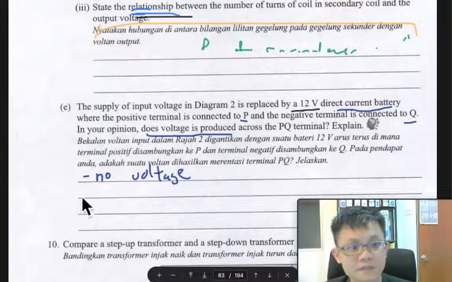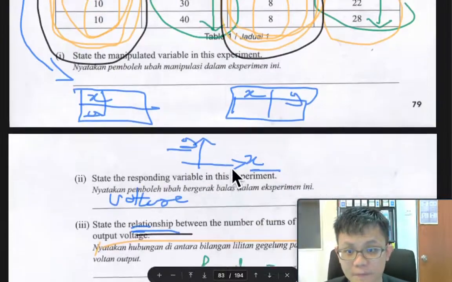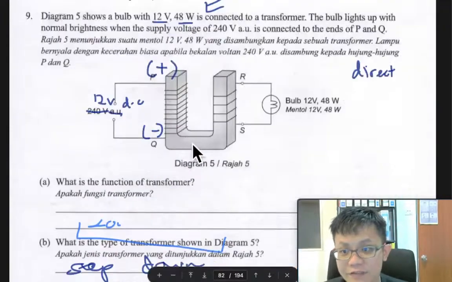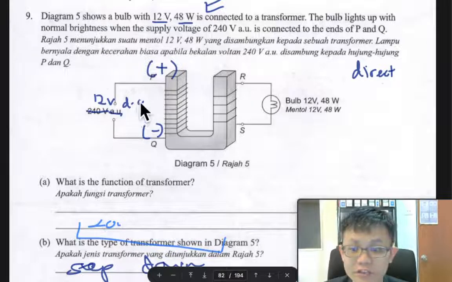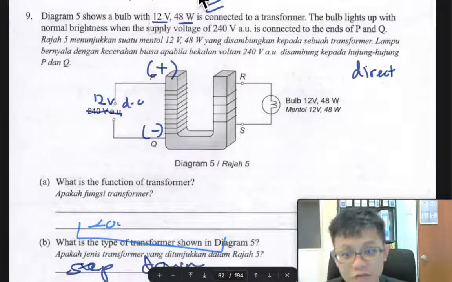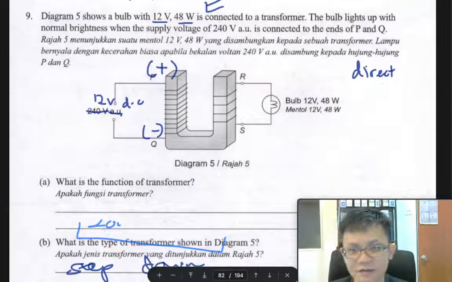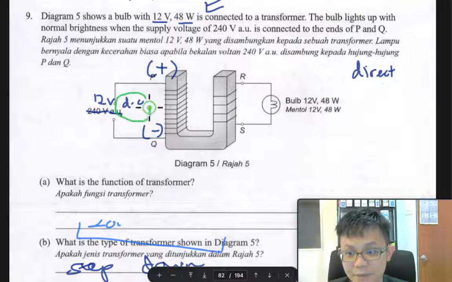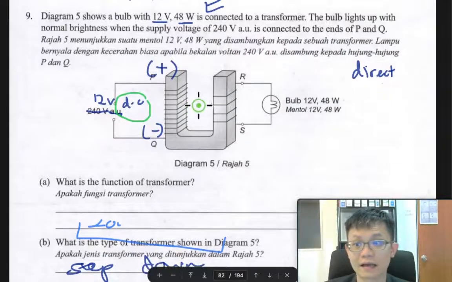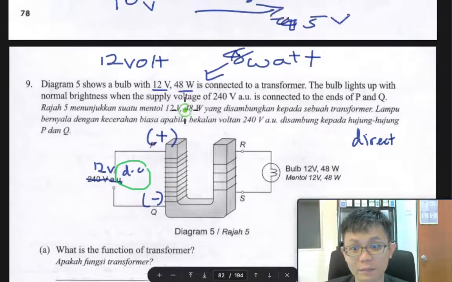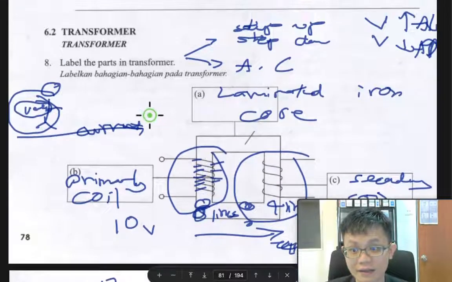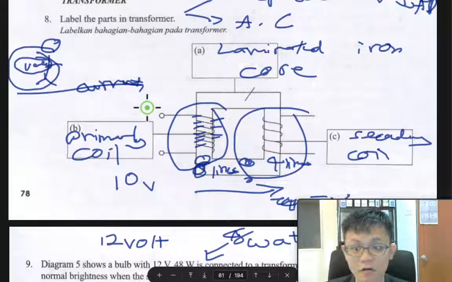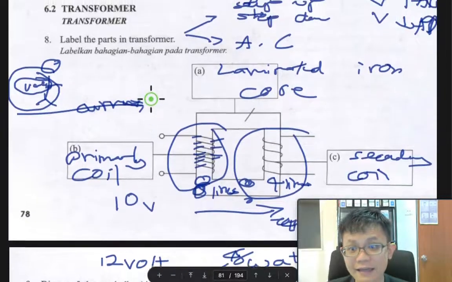Because, if you see, it's because of this DC. I don't know whether you remember or not, but in last week's video we already learned that transformers only can work in AC.